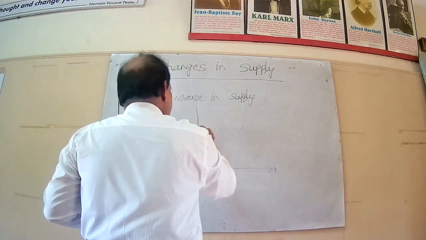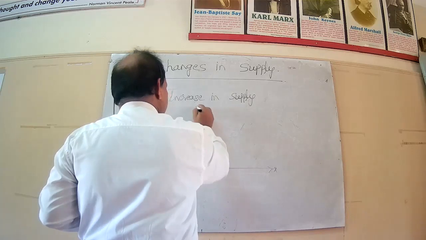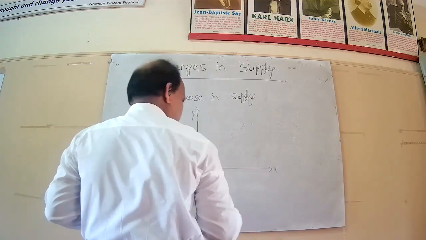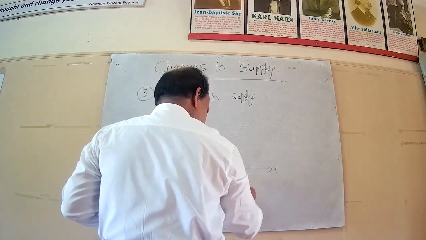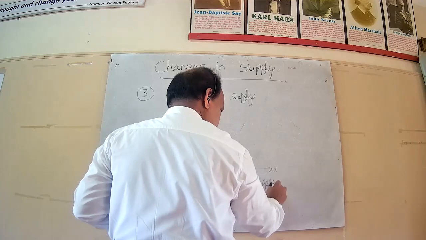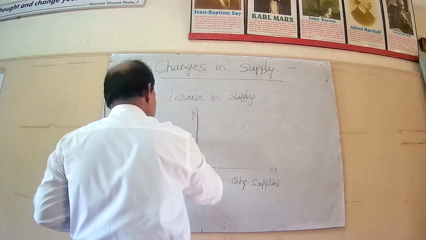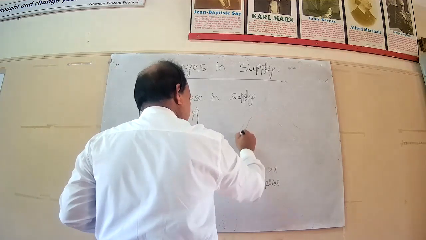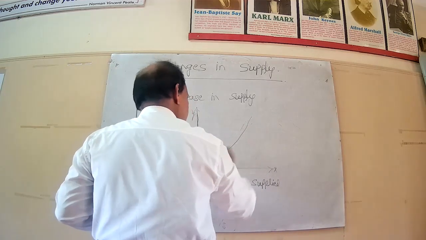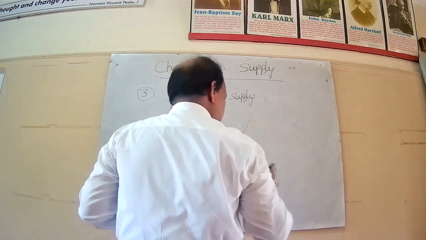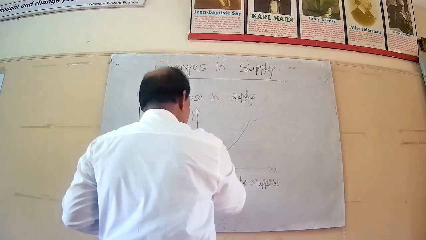I can draw the diagram. OX and OY. Quantity supplied. And here price. SS represents the initial supply curve.